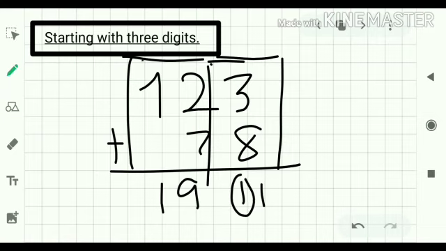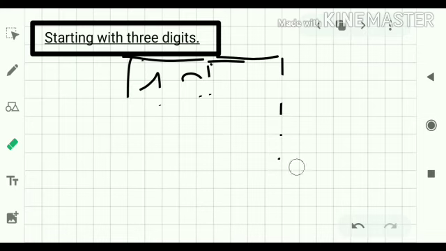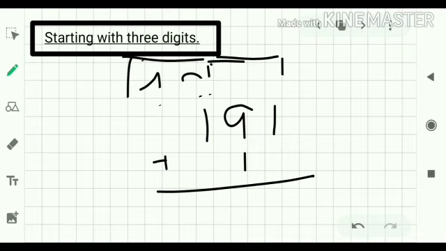So where will this one go? We'll add this one here with 9. Now if I carry this forward, it will be 191 and 1 gets added up here. So the final answer will be 201.